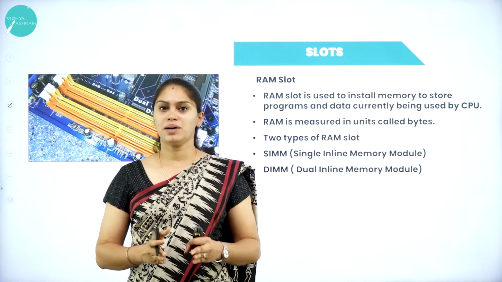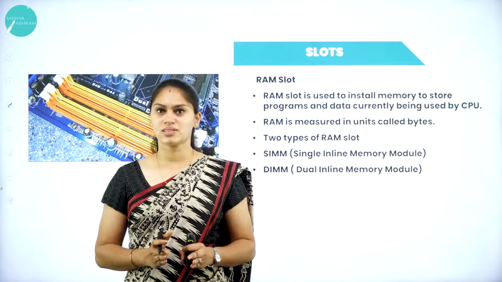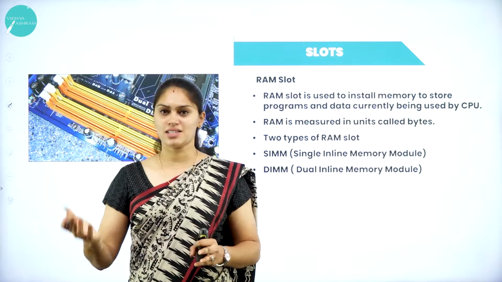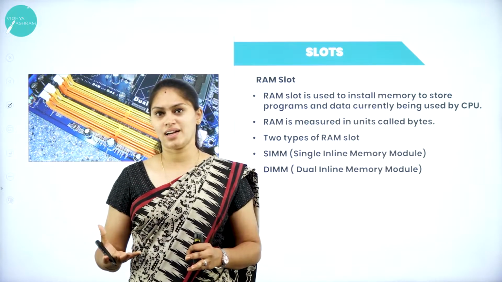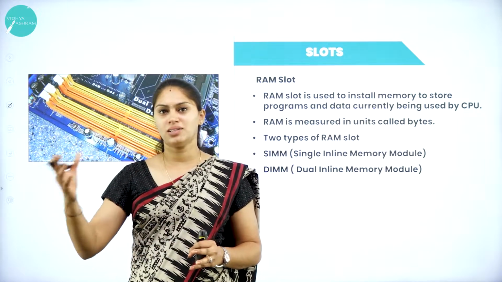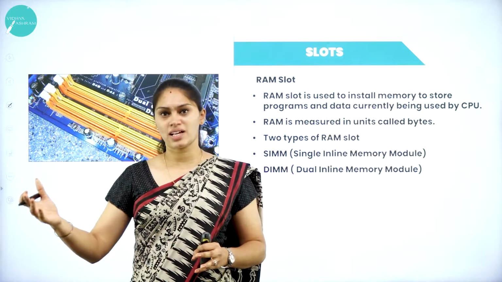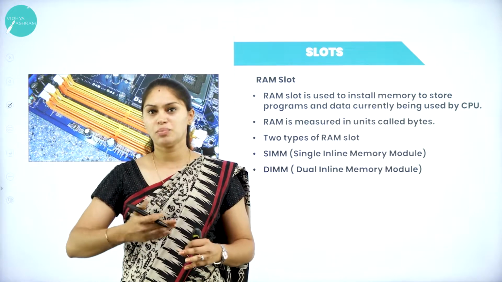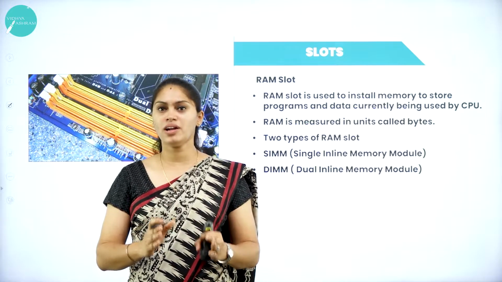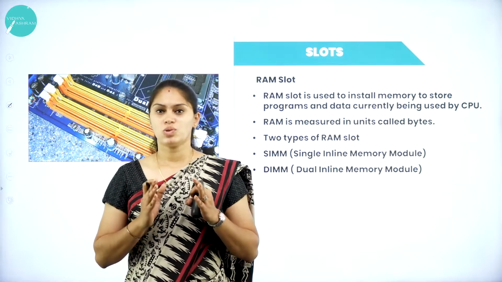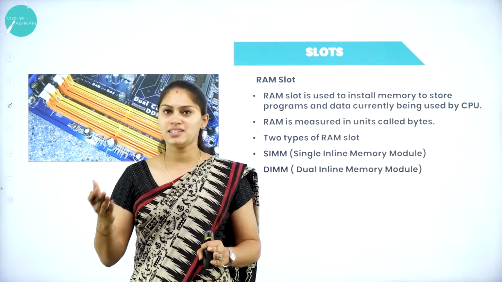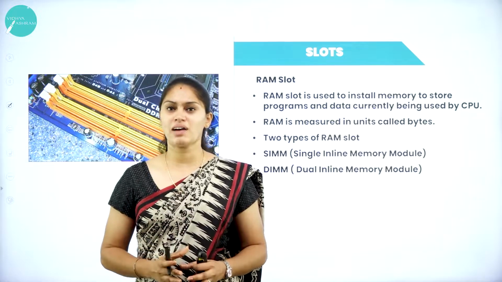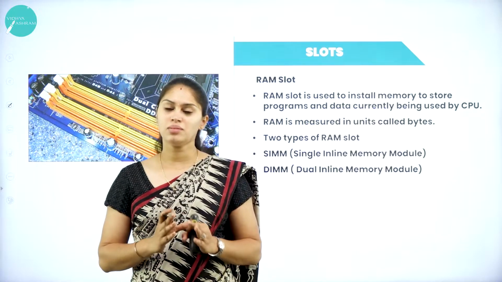In order to store the data, instructions or any processed data which needs to be transferred to the display units or for further processing, that must be in memory devices. For that purpose, we have this RAM slot in our motherboard.